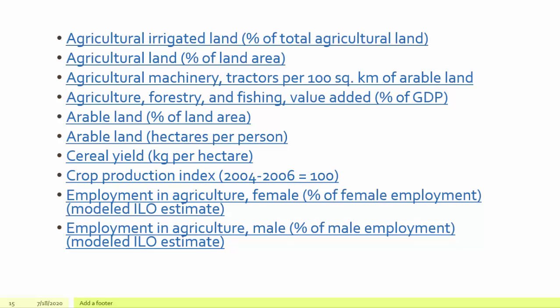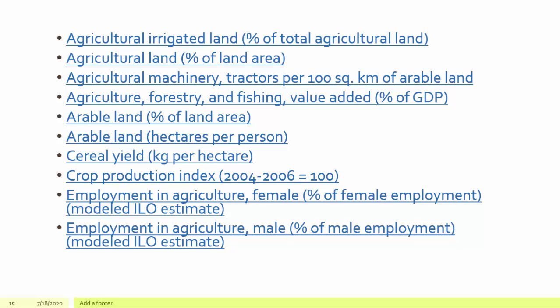If this farmer is able to use irrigation equipment, then his capacity to grow different crops throughout the year is really high.